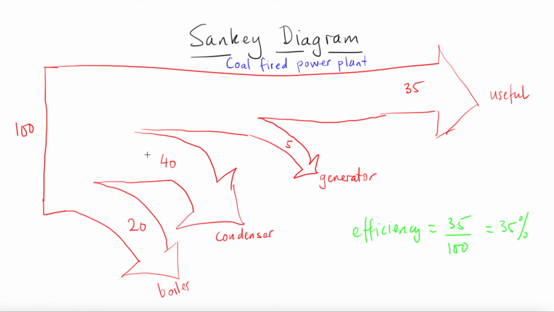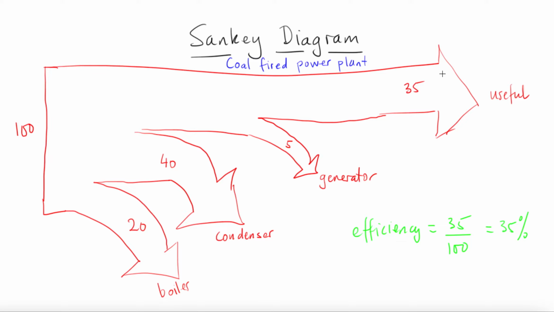Sankey diagrams, you have to know and understand, are a way of showing the energy you put in, for example 100 joules of energy, and how much useful energy you get out in terms of electrical energy. So, for example, 20 joules would be lost in the boiler, 40 joules would be lost in the condenser, 5 to the generator, and only 35 ends up as useful energy.